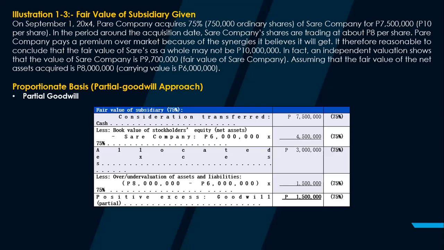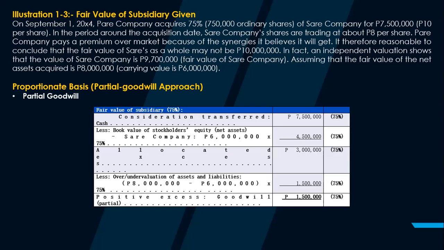So we have now the consideration transferred of 7.5 million at 75%. Then we have the book value of the net assets acquired equal to 6 million multiplied by 75%, or 4.5 million.